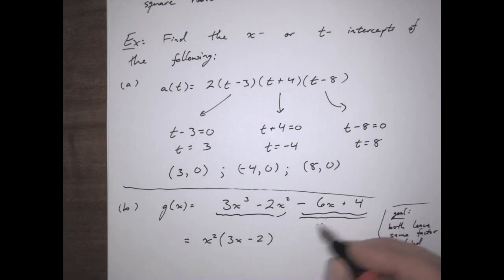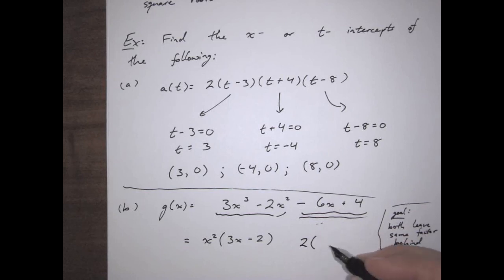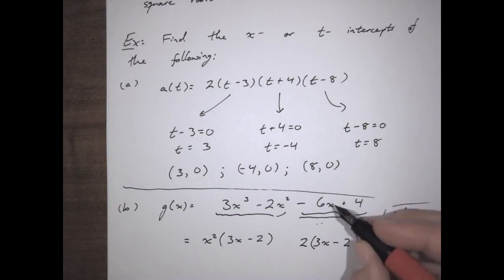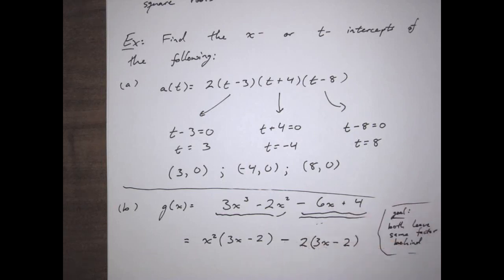So here, if you look at this, this has as a common factor 2, nothing else. And then there's an x and 3x and a 2. Now, if I wanted this to match this, that would have to be minus, this one would have to be plus, which is the opposite of what we had before. So we pull out not a 2, but a negative 2.